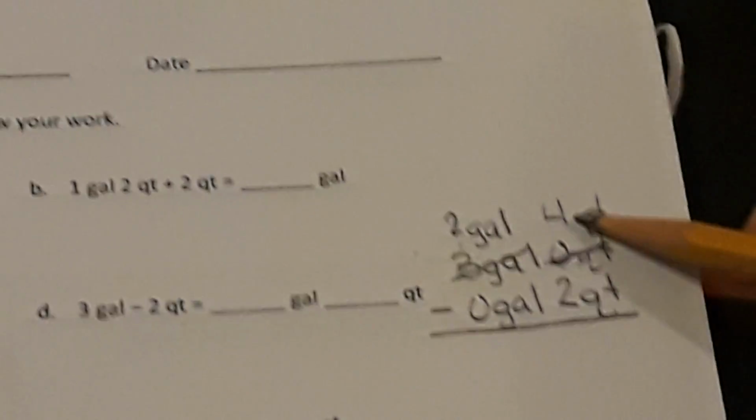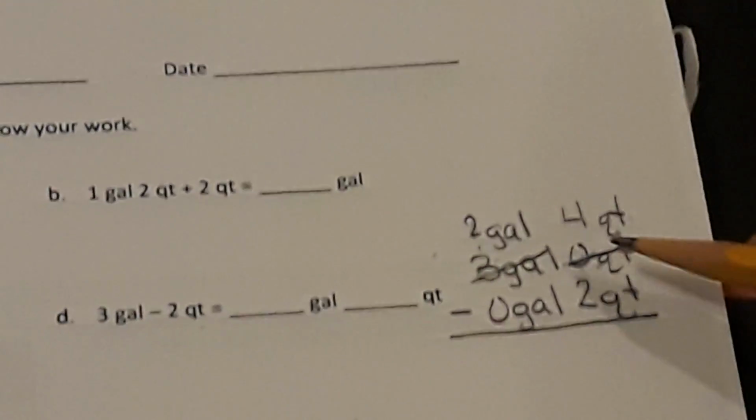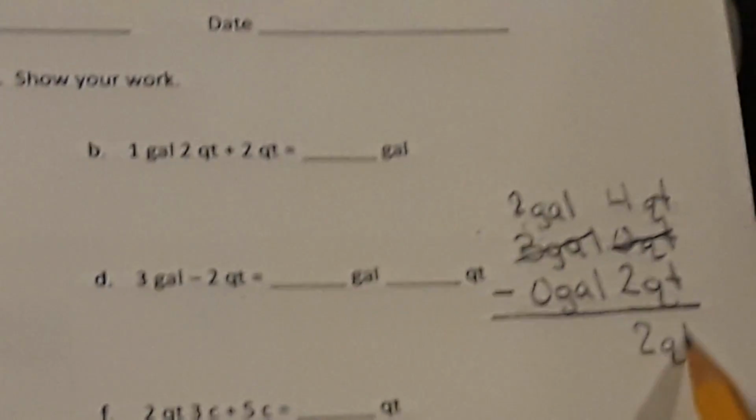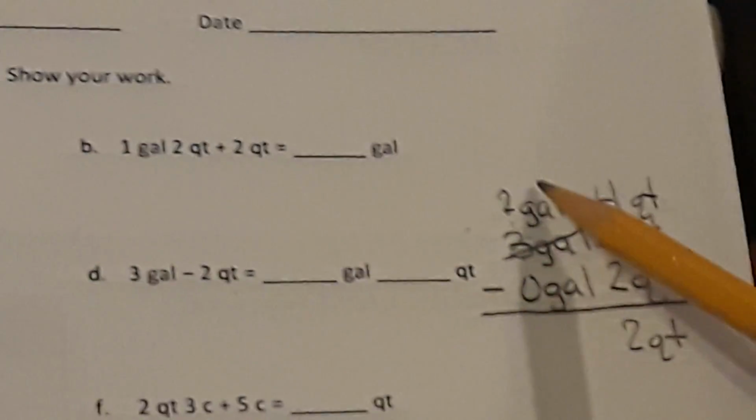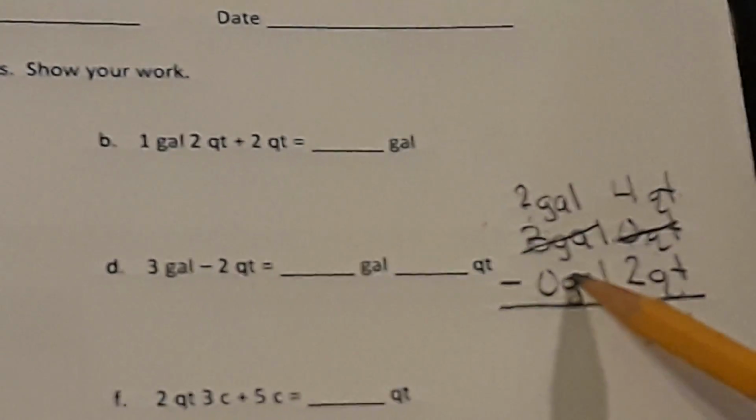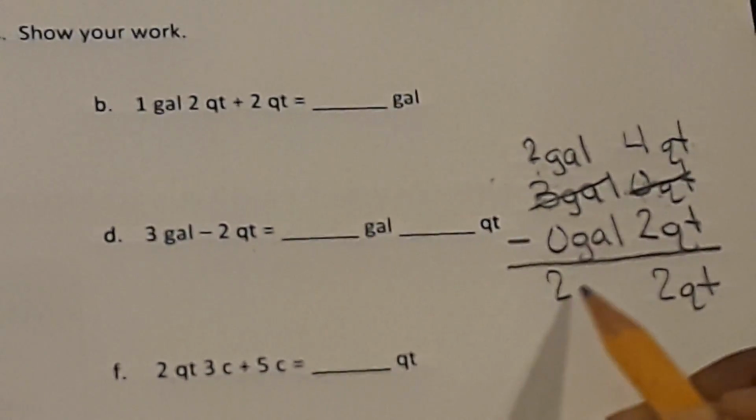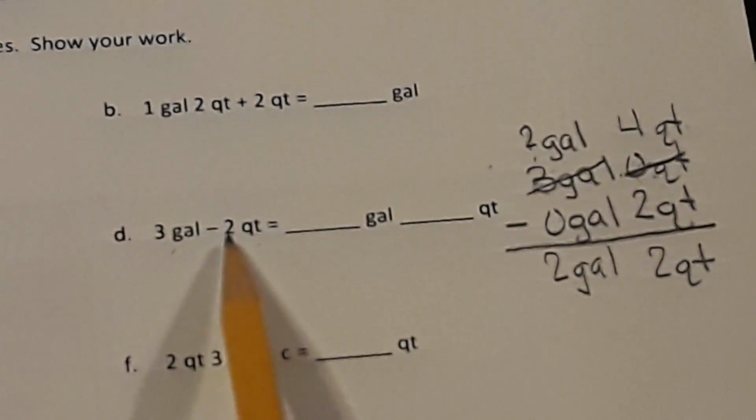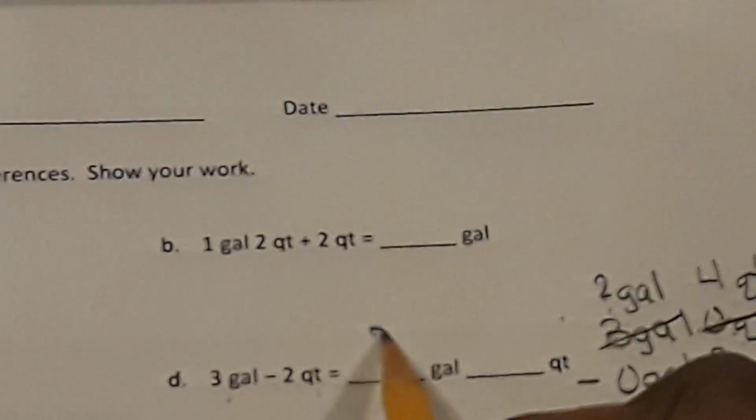Now we can take away 2 from 4, which will give us 2 quarts. Then we can take away 0 gallons from 2 gallons, which gives us 2 gallons. So 3 gallons minus 2 quarts equals 2 gallons and 2 quarts.